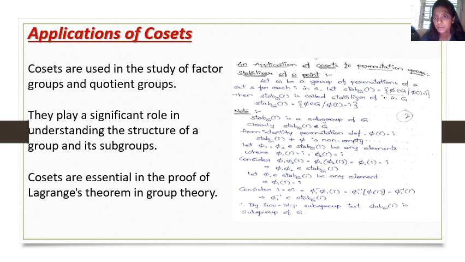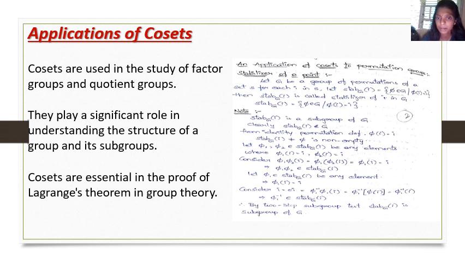Let G be a group of permutations of a set S. For each i in S, let Stab_G(i) equal the set of theta belonging to G such that theta(i) equals i.